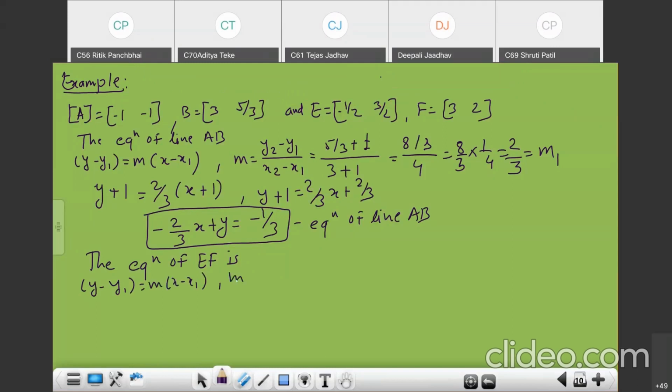For that we need to calculate the slope, which I call m2, of the second line: y2 minus y1 divided by x2 minus x1. So for line EF, y2 minus y1 is minus 2 minus 3 by 2, divided by 3 minus minus 1 by 2.